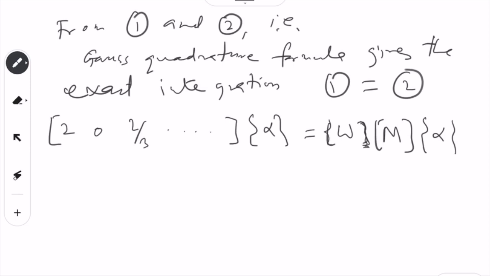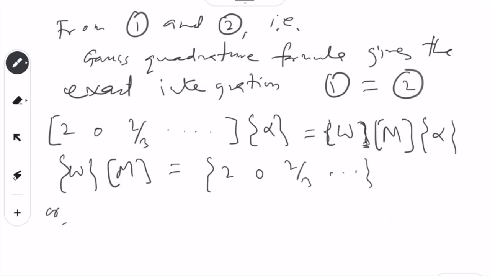Since alpha entries are not zeros, we have simply W times M is equal to 2, 0, 2 over 3, and so on.